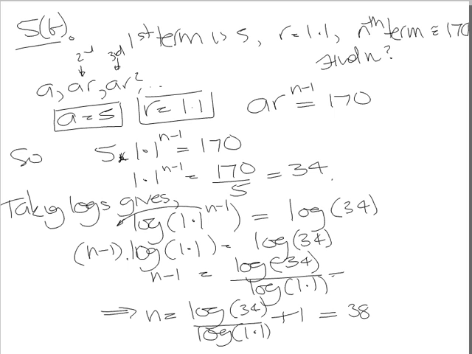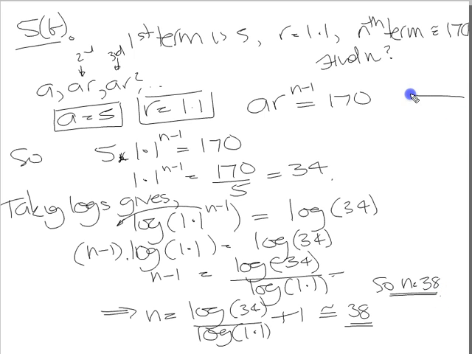So that would be our answer, approximately 38. That's to the nearest whole number. So n is 38. Because it was so close that it's got to be 38.